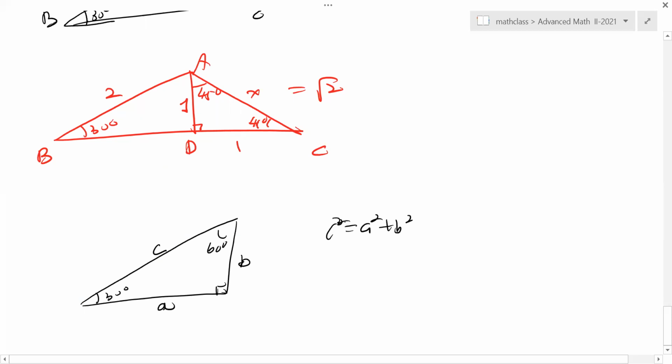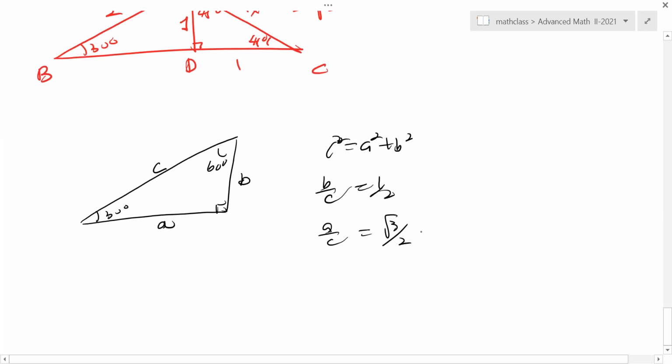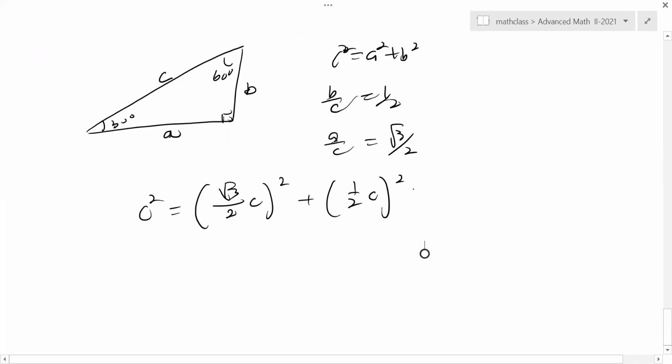Okay, but actually, B over C should be equal to 1/2. A over C should be equal to square root of 3 over 2. Okay, so B is half of C and A is half of square root of 3 times C. So you can replace A and replace B as half of C. And you'll see this is an identity, okay? This is just an identity.